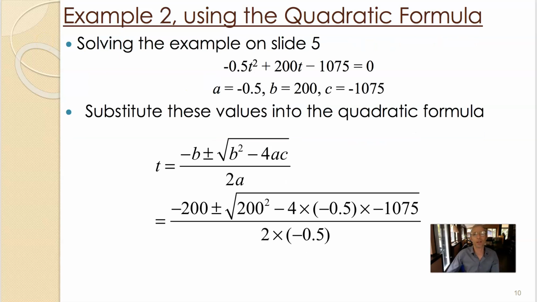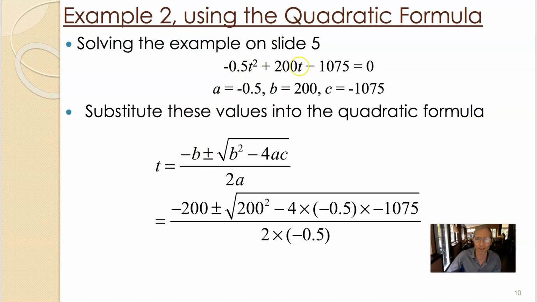Okay, let's look at one more example. And here we have the example from slide 5. So we've got negative 0.5 t squared plus 200t minus 1075 equals 0. You'll recall we had to play with this a little bit to get it into standard form. You can go back to slide 5 and see that. So we can pick off our A, our B, and our C. And then again, we plug these values in.